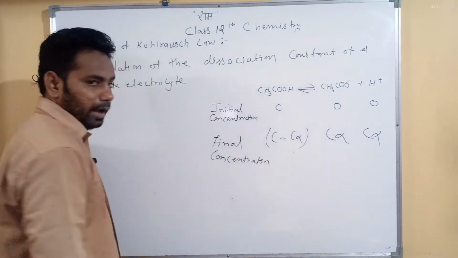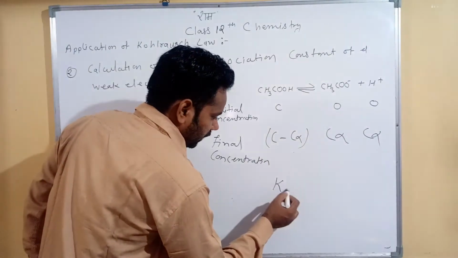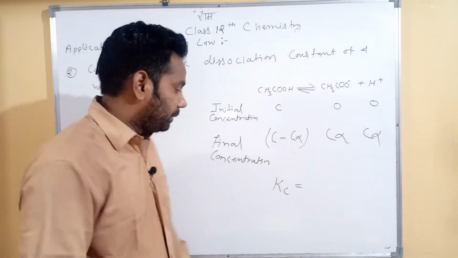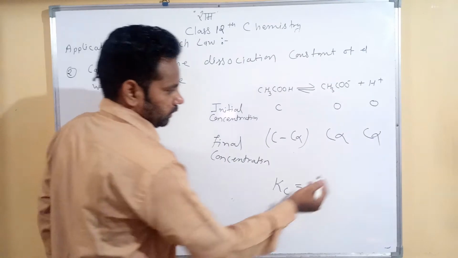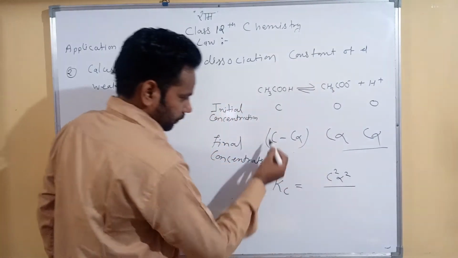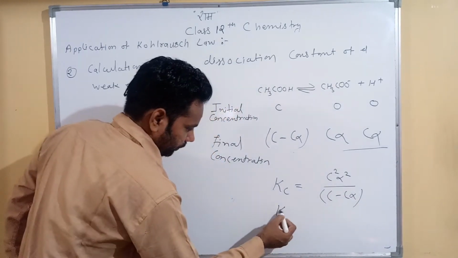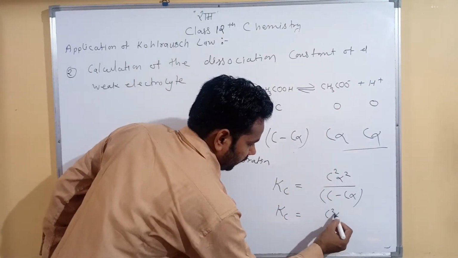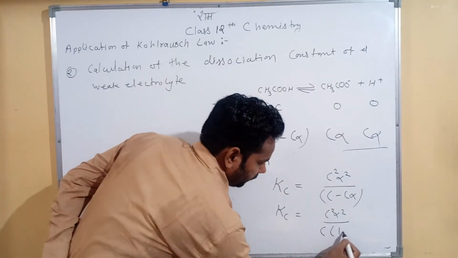Now I know about the Kc value, the equilibrium constant Kc according to 11th class chapter 7. Kc is equal to product concentration upon reactant concentration. So our product concentration C square alpha square upon C minus C alpha. So Kc is equal to C square alpha square upon, we take common C, 1 minus alpha.